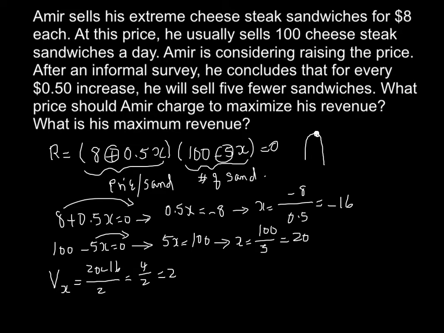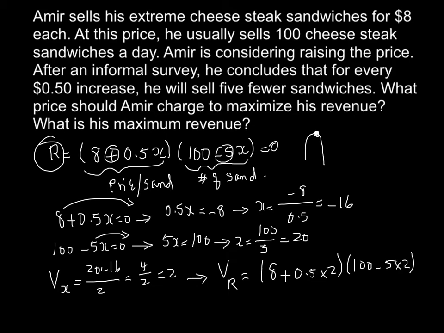To find the y-coordinate of the vertex, I'm going to replace x in the equation for revenue with 2, or x equal to 2. So we get that R is equal to 8 plus 0.5 times 2, times 100 minus 5 times 2. 0.5 times 2 is going to give me 1.